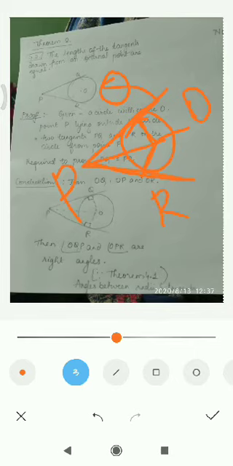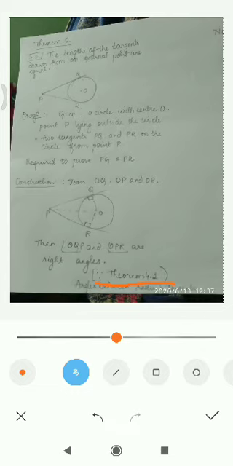So angles OQP and ORP are right angles, because the radius and tangent are perpendicular to each other. That means OR is perpendicular to PR and QP is perpendicular to OQ. You can see from this diagram, 90 degrees, 90 degrees.